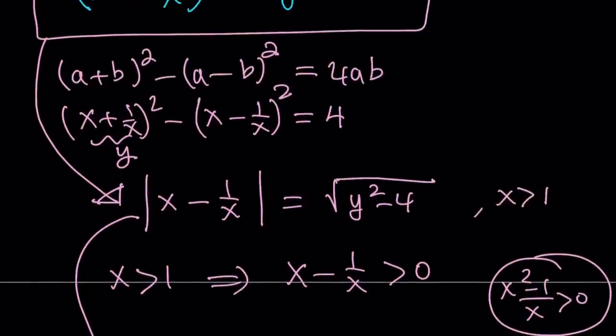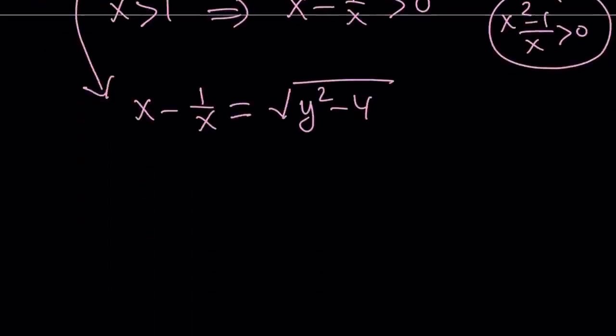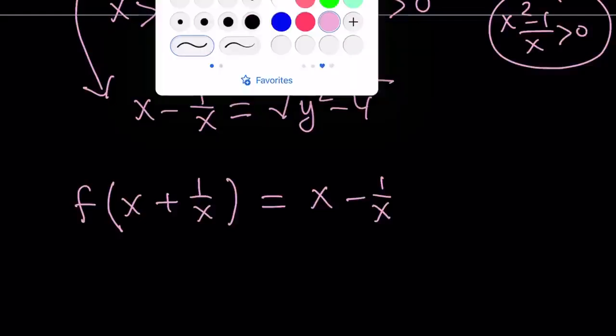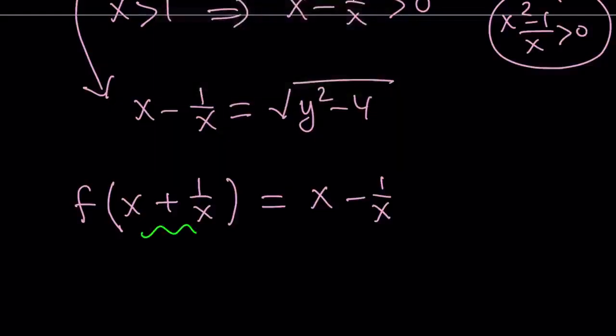And now remember, the original problem was given as f of x plus 1 over x is equal to x minus 1 over x. Again, with the condition x is greater than 1, well, we already used that. And we started off by setting, remember, this equal to y.